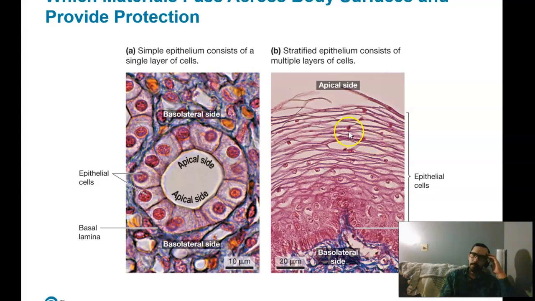For example, in this stratified squamous epithelium, you can see the apical side on this side. This is the basolateral side that's connected to other tissue types. There's a line called the basal lamina that divides them. This is the apical side, where the cells are constantly being worn out, so they have to be replaced.